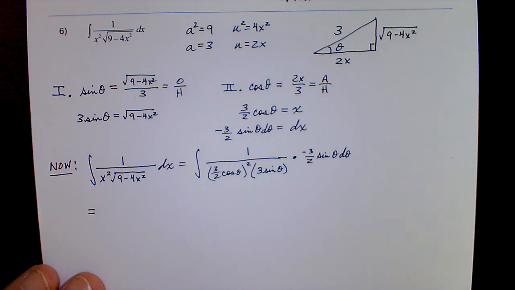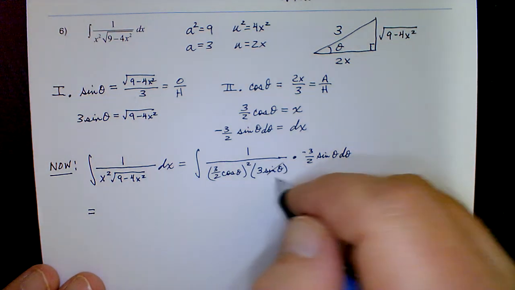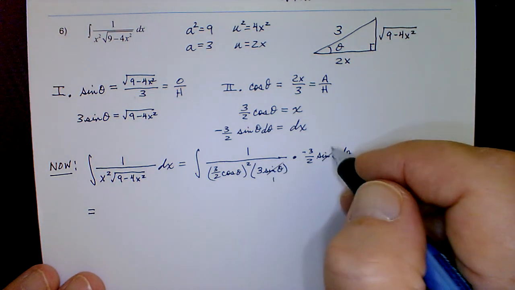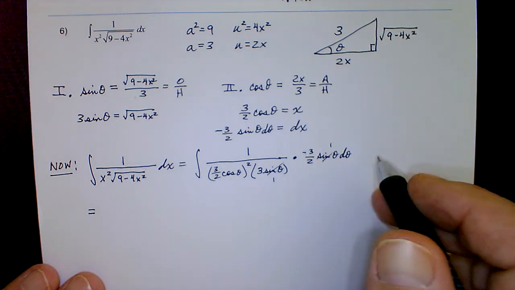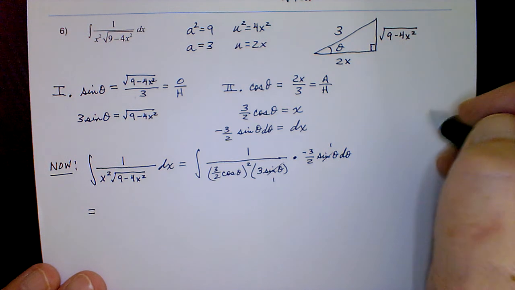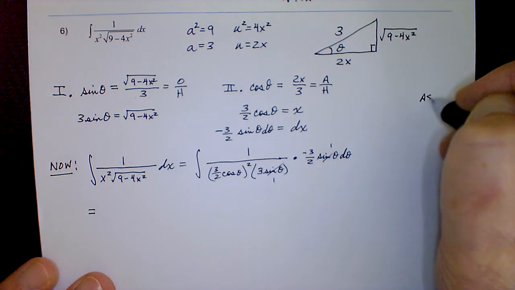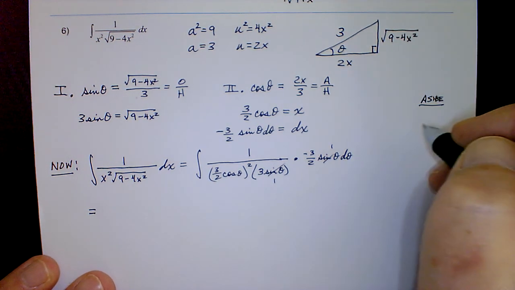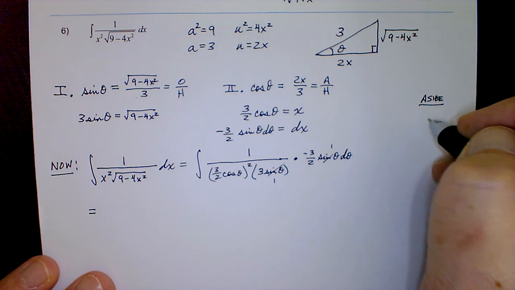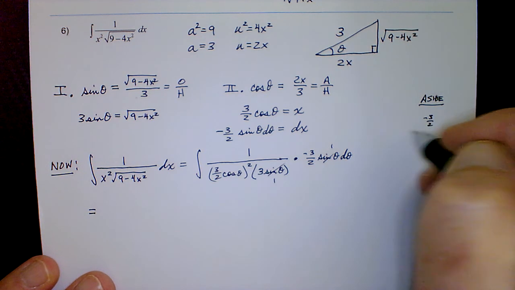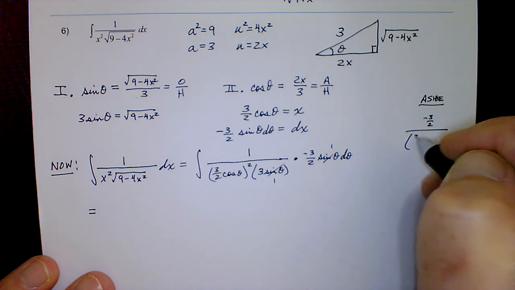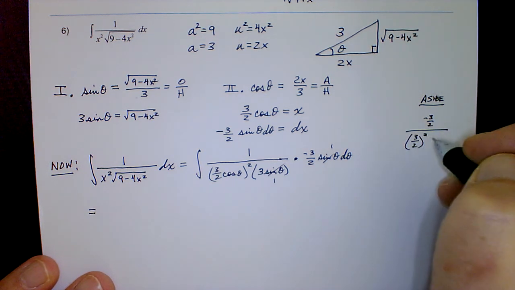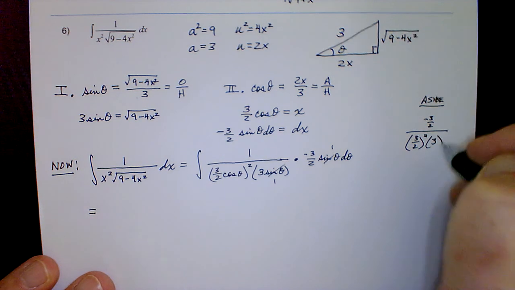Okay, so now we need to clean some things up. Well, we can cancel the sines, and I don't know how you want to deal with the coefficients. I'm going to say off to the side here and do the work on the coefficients. I've got a negative 3 halves over a 3 halves that's being squared times a 3.